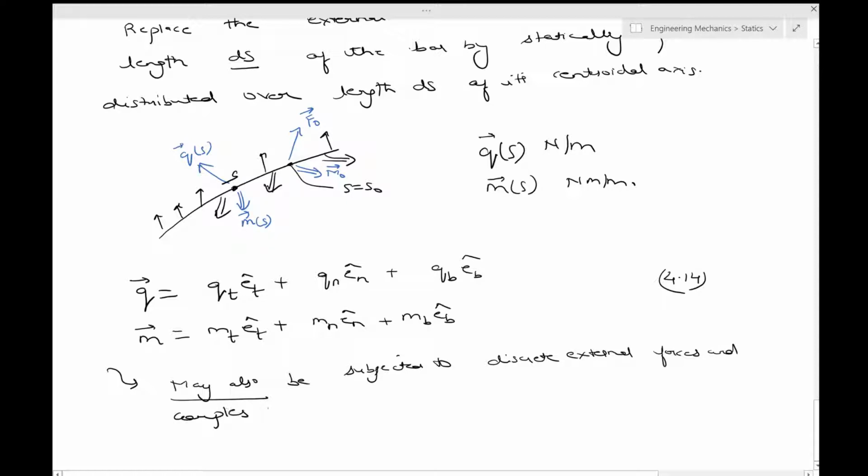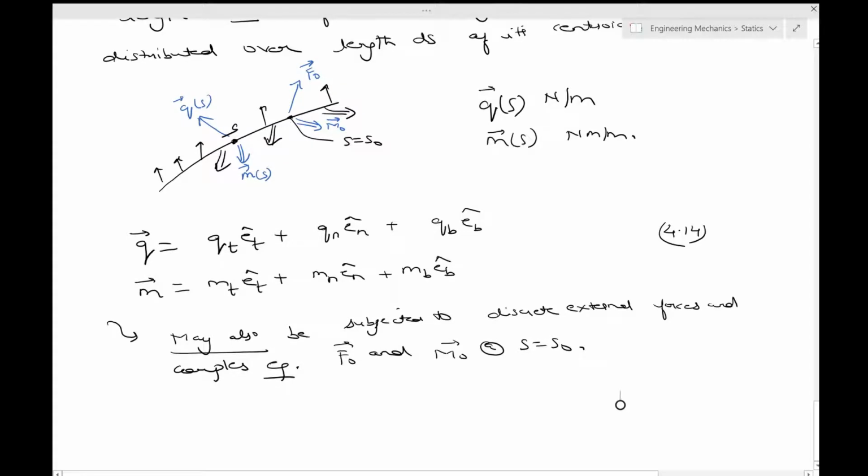One of them I have shown in detail, such as F naught and M naught at S equal to S naught. At every given point you can have lots of them, but Q_S and M are the statically equivalent forces and moments.